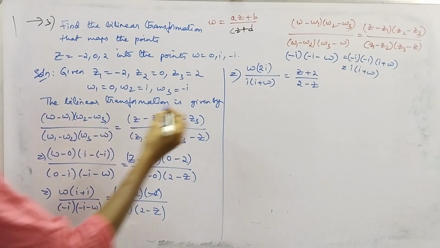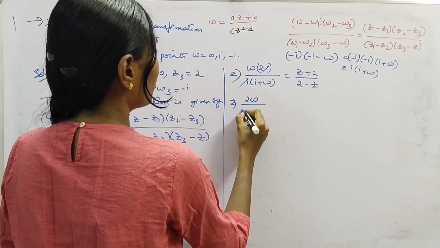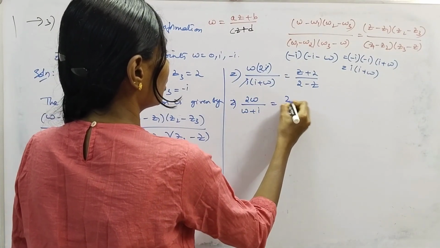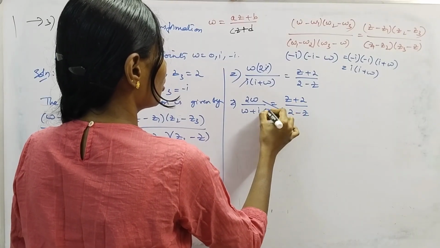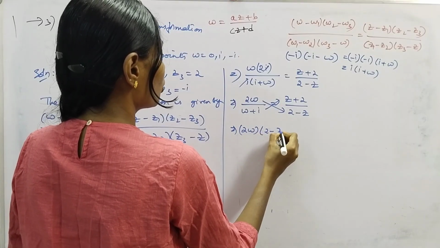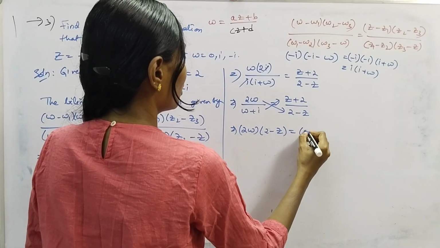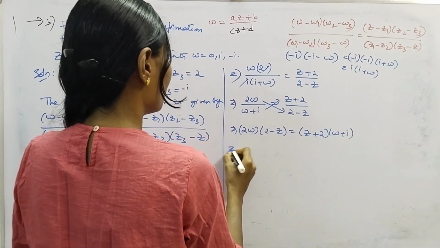Now cancel this i here, we'll get 2 omega by (omega plus i) equal to (z plus 2) by (2 minus z). Now make a cross multiplication, you'll get 2 omega times (2 minus z) equal to (z plus 2) into (omega plus i).